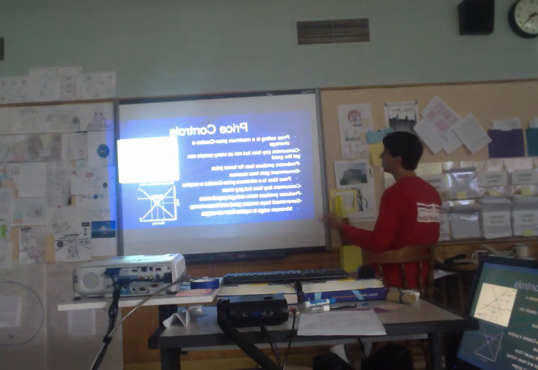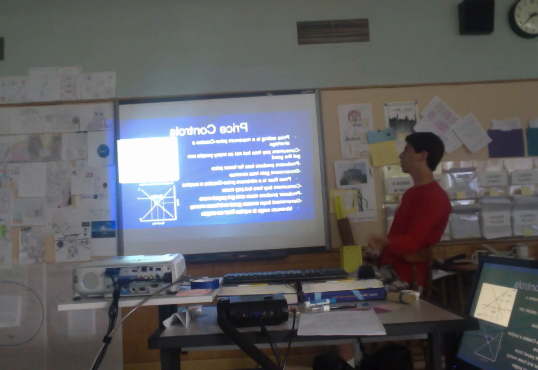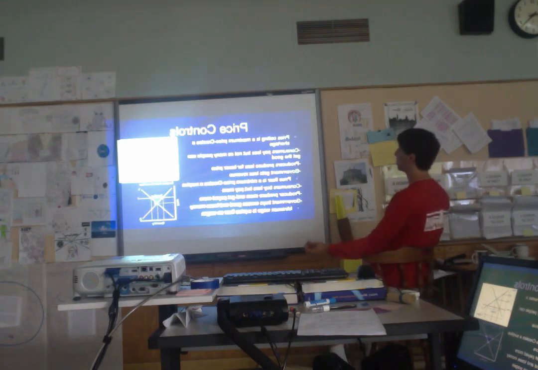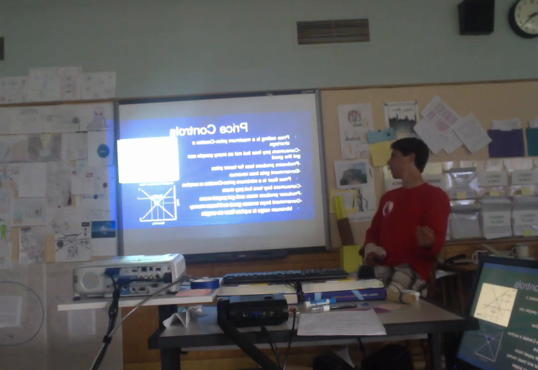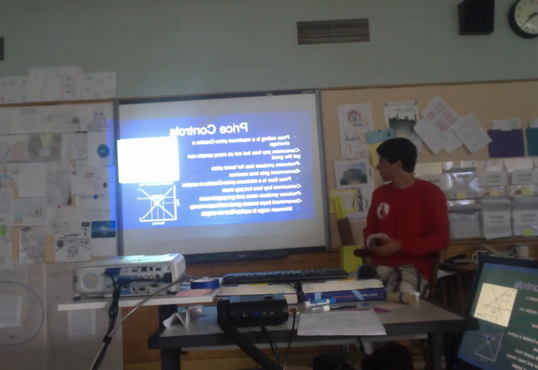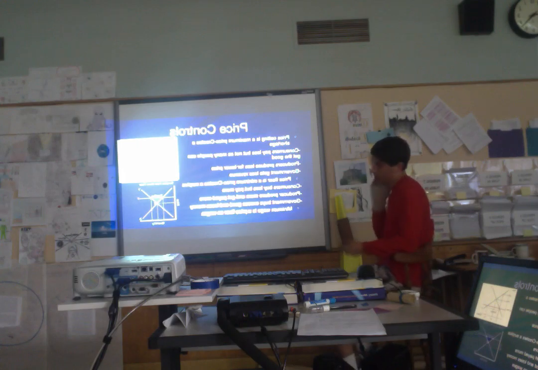And consumers pay less, but not as many people can get the good, and producers produce less for a lower price, and government gets less revenue because obviously they're not getting the taxes from those goods.